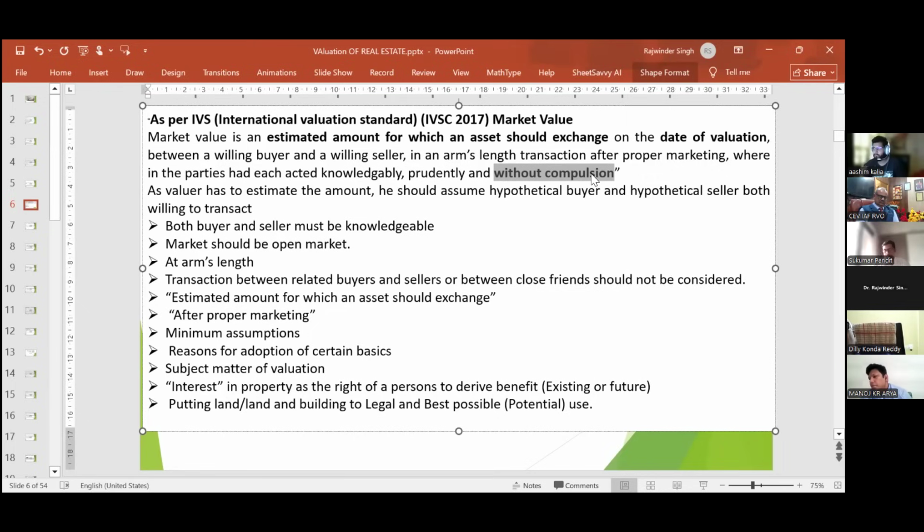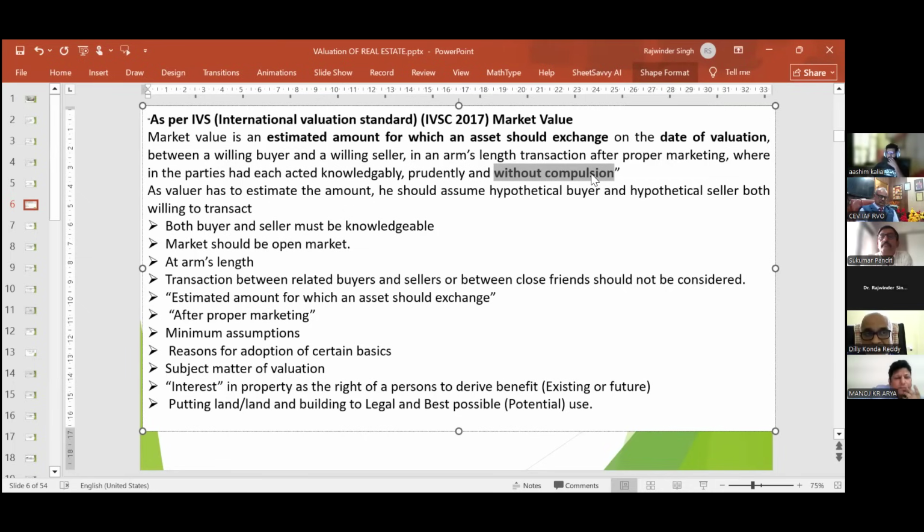The seller is not under any duress or compulsion to sell his property because of the illiquid nature of real estate.